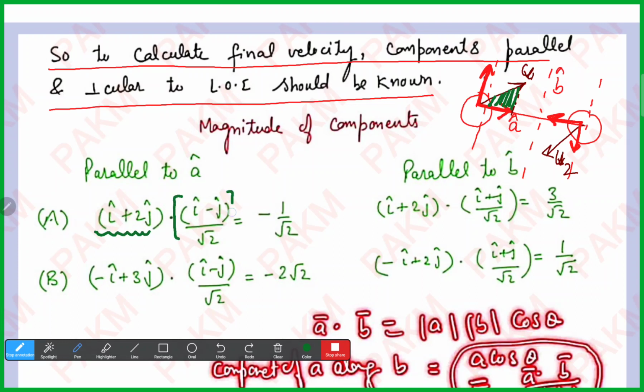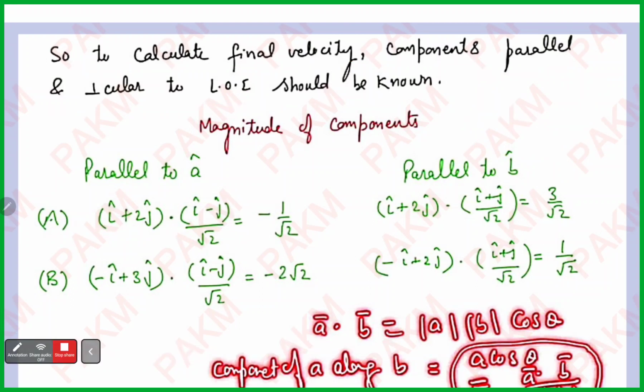the vector. Fine. So what we have done, we have taken the unit vector parallel to the A vector, suppose we have to calculate it for B. Fine.